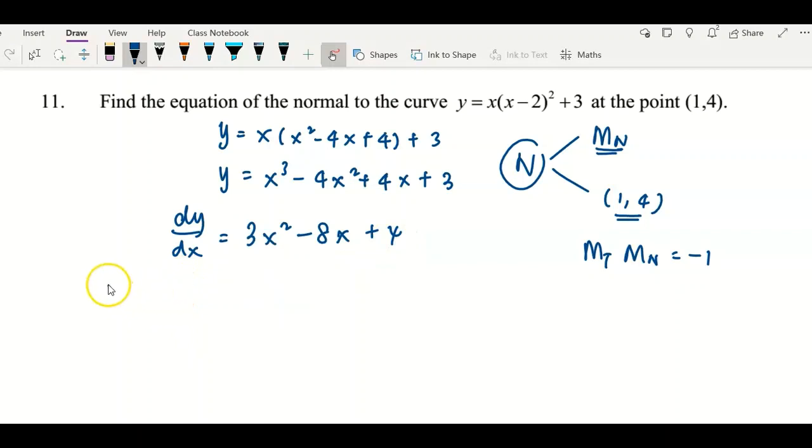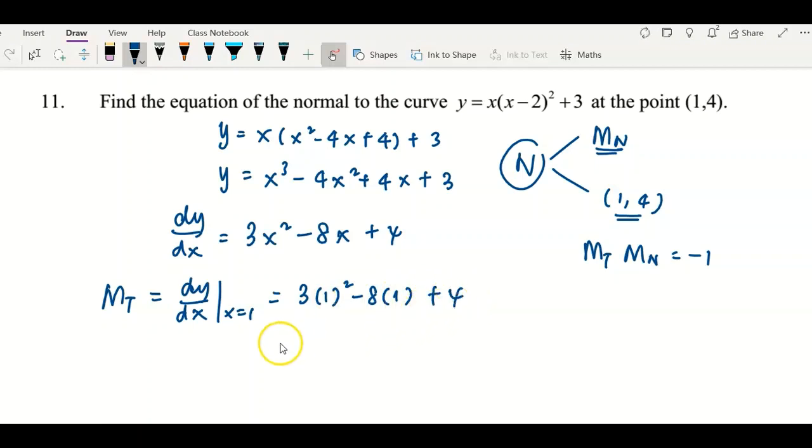To get mt at this specific point (1, 4), I substitute x equals 1 into dy/dx. So I have 3 times 1 squared minus 8 multiplied by 1 plus 4. Finally, I get 3 minus 8, which is -5, then -5 plus 4 will be -1.